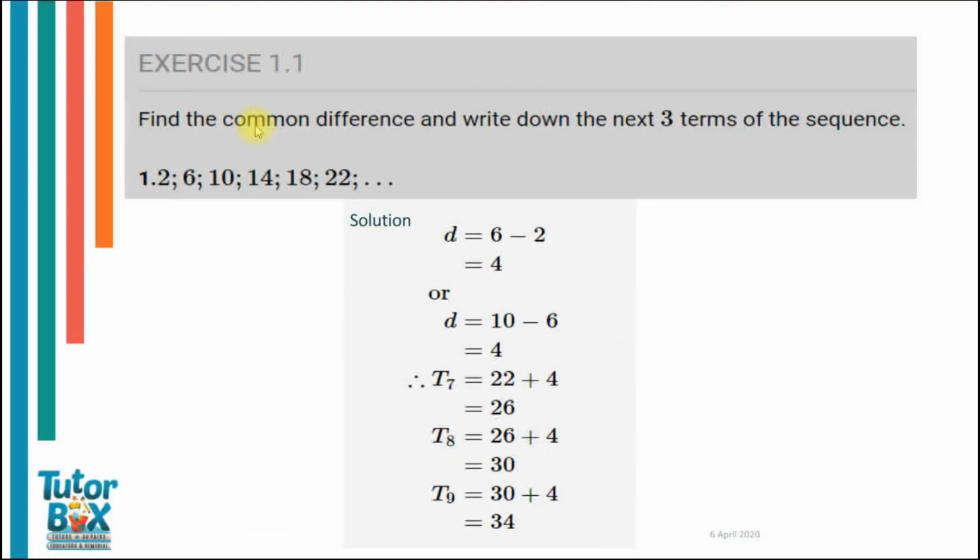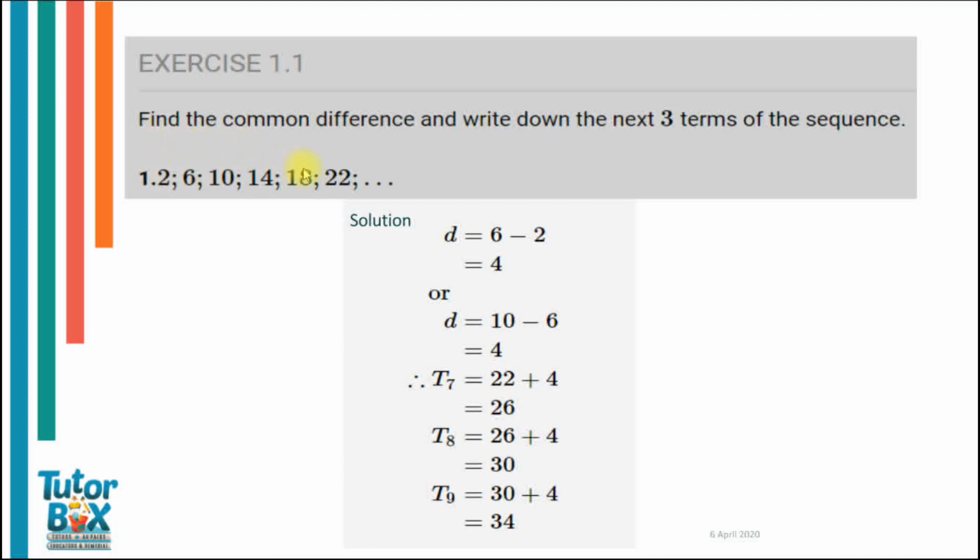Now, let's look at this exercise. It says find the common difference and write down the next 3 terms of the sequence. So we're still finding the common difference, remember that's our d. The common difference is basically the difference between a certain term and the next term: first, second, third, fourth, fifth, and so on.